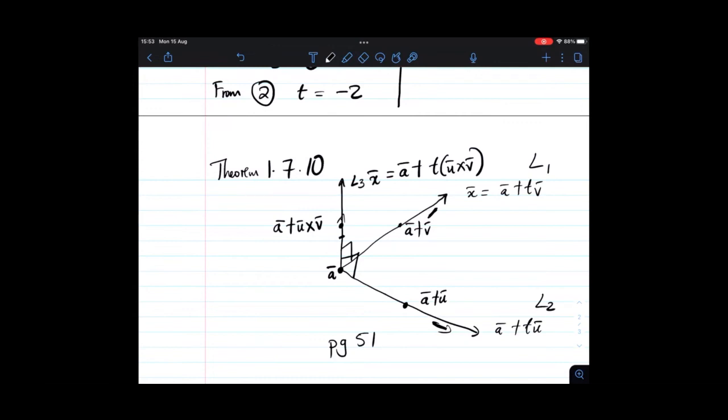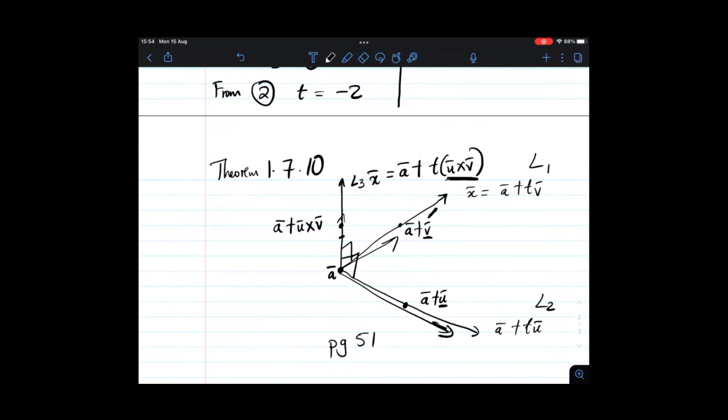So I've just written an illustration here. So theorem 1.7.10 tells us that if you've got a ray like that, and then that ray like that, then if you take the cross product of the direction vector, so U and V here in this case, then whatever the cross product is going to be perpendicular to both these rays.